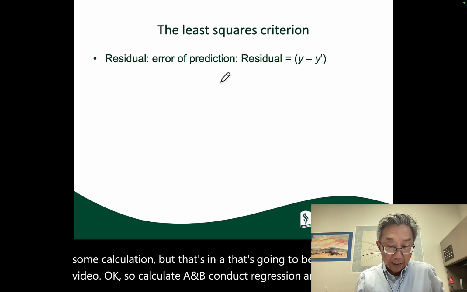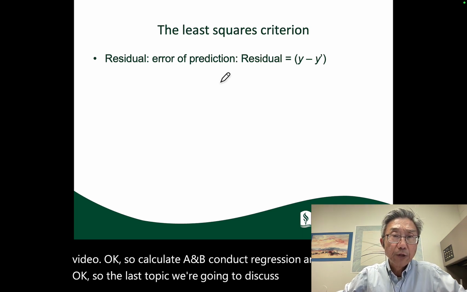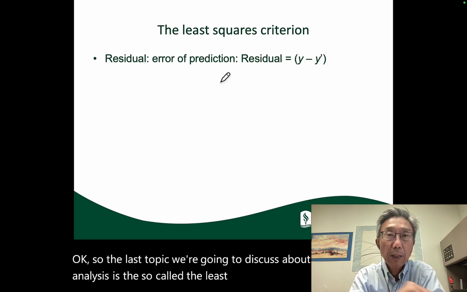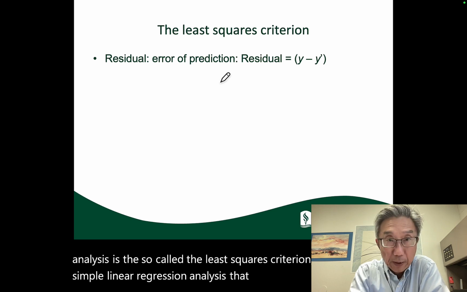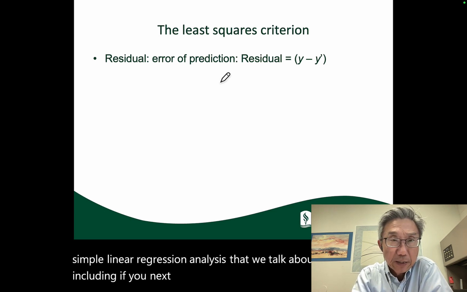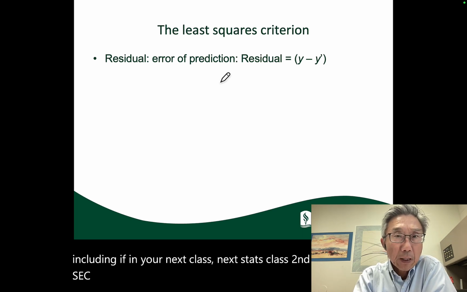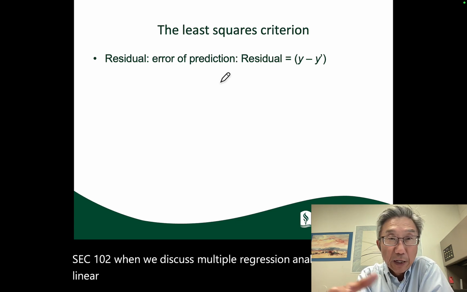Okay, so the last topic we're going to discuss about regression analysis is the so-called least squares criterion. The kind of simple linear regression analysis that we talk about in this class, including in your next stats class, Psych 121, or even in Psych 102, when we discuss multiple regression analysis, multiple linear regression means it's a linear regression.